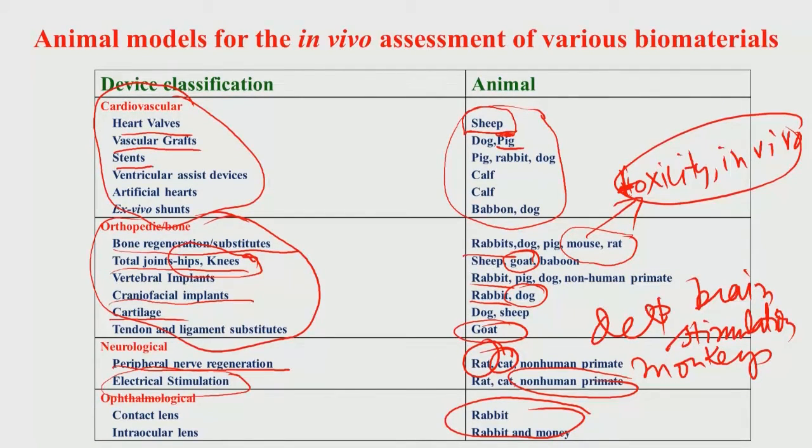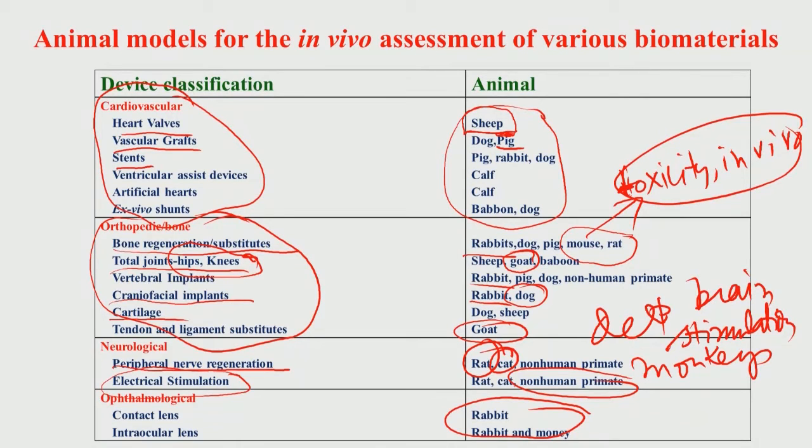Point number 2 is that if the small animal model gives you a satisfactory biocompatibility response, then one has to validate that biocompatibility response in a larger animal study. For example, if a material implanted in the rat or mouse model gives good biocompatibility, the next level of experiment should involve a higher animal like rabbit, goat or sheep before one can even think of going for clinical trials in human patients.